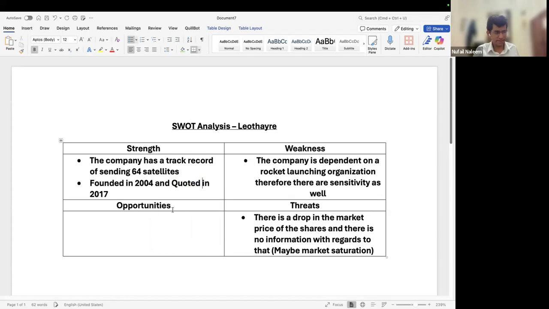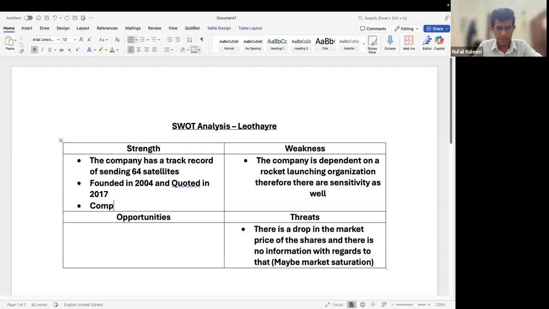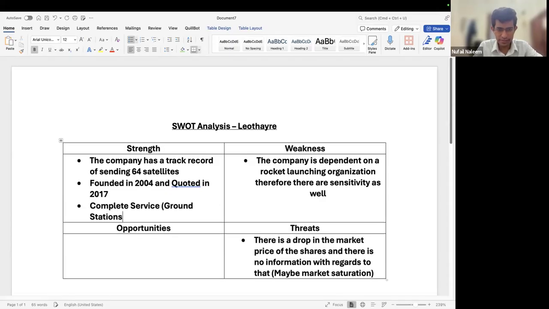This is a new industry, students. And they provide something called the complete service. They have the groundwork also, as I discussed in the application. Complete service is there, which includes the ground stations as well. That is also one more piece of information that is given.